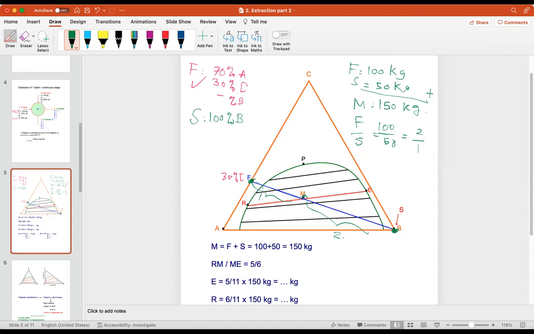And then you got the M point. Is it clear enough, or do you need more explanation about how to find the M, the mixture? Come on, anyone? Is it clear enough, or still a bit confused?